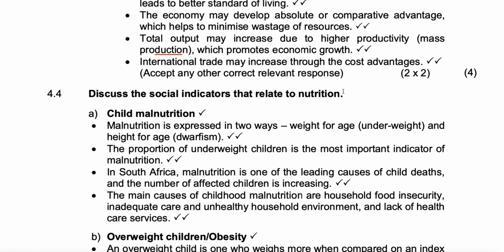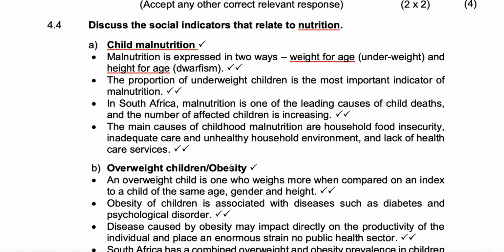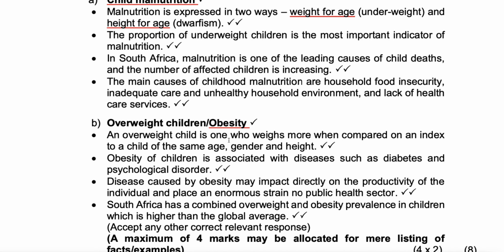Okay, right. So the first one here, social indicators related to nutrition. This is the word that had run away, child malnutrition. Then we look at it from weight for your age, like we said, and also height for your age, dwarfism. And then we have overweight or obesity.